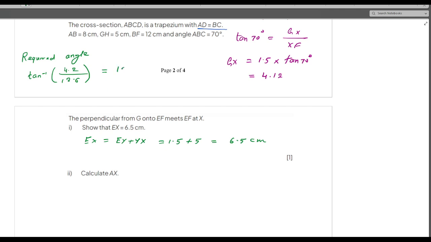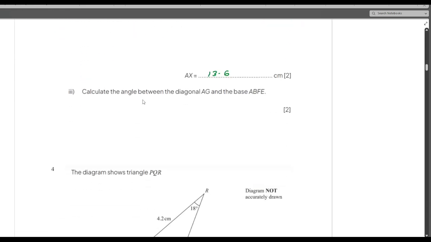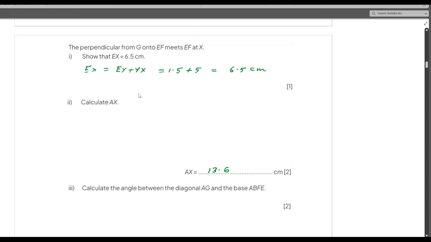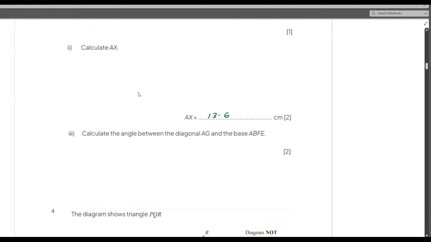So your answer is 16.8 degree. It is .85 something, so 16.9 we can say. So this is 16.9 degree. Okay, so the angle between diagonal AG and base ABFE is 16.9 degree.